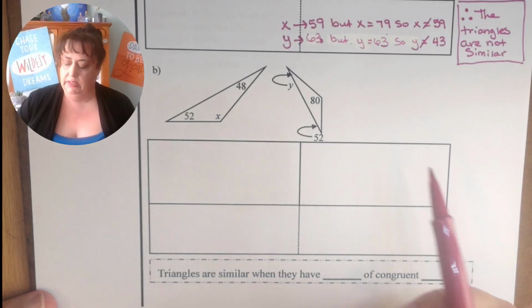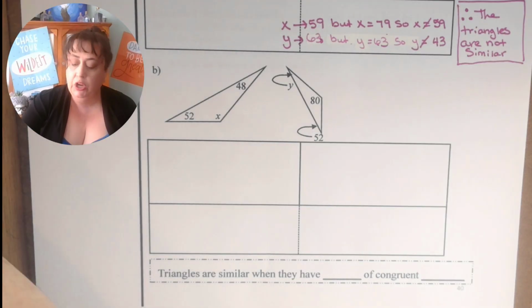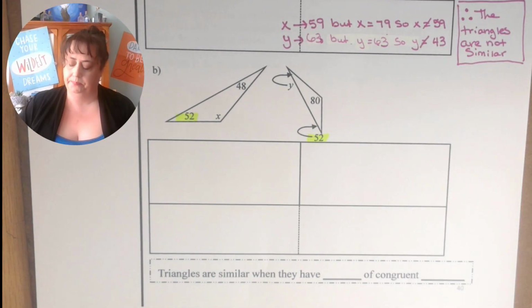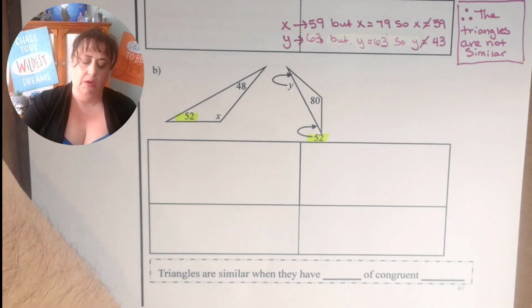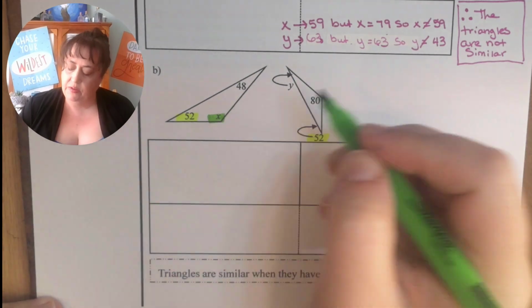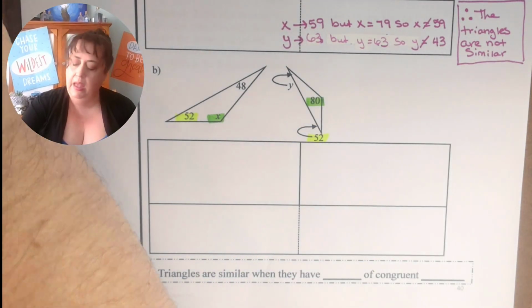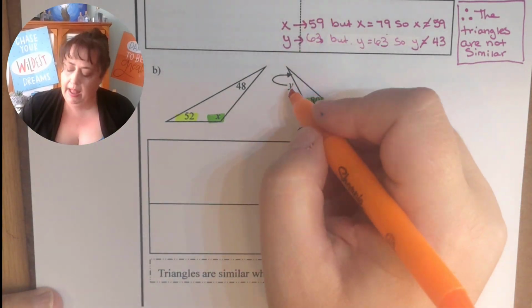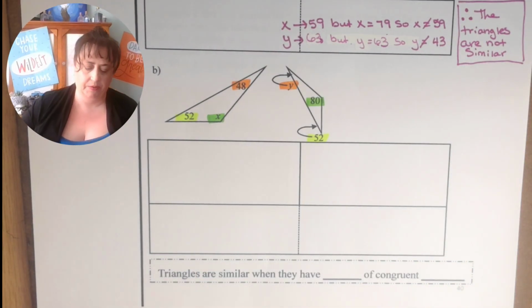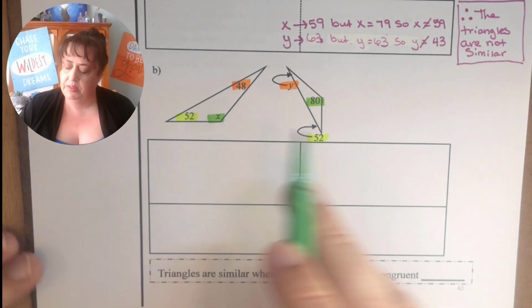If this works, okay, so we're in good shape with the 52s. Do you see that those are equal? If this is going to work, notice I said if this is going to work, X would have to be 80 and Y would have to be 48. So let's see. Let's start with this box.